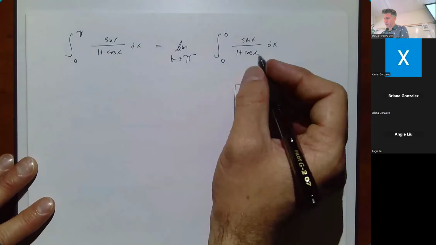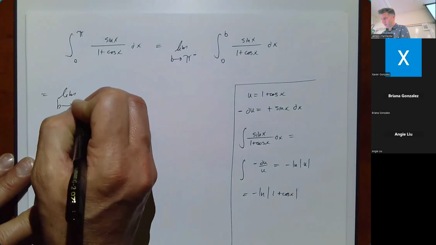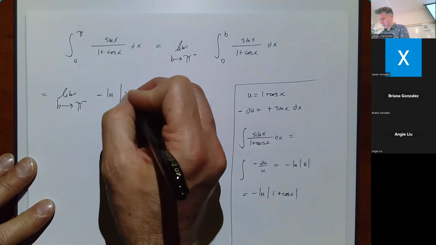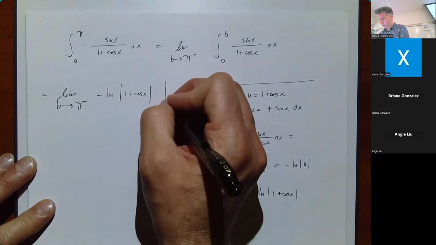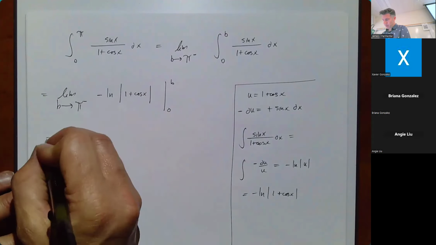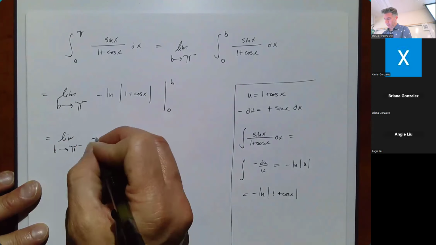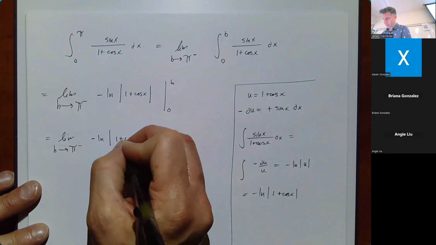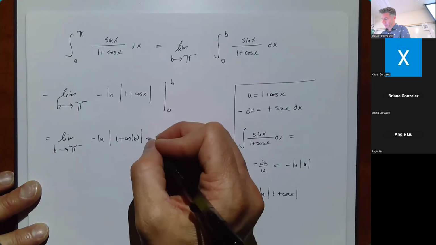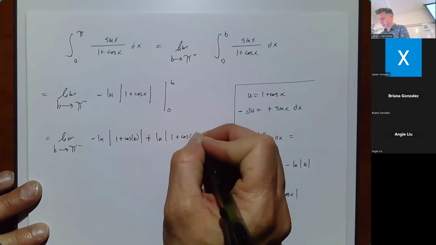So then over here, we can say this is going to equal the limit as b goes to pi from the left of the negative natural log of the absolute value of 1 plus cosine of x from 0 to b. And plug in, we get the limit as b approaches pi from the left of negative natural log of 1 plus cosine of b, minus the negative, so minus and minus, plus the natural log of 1 plus cosine of 0.